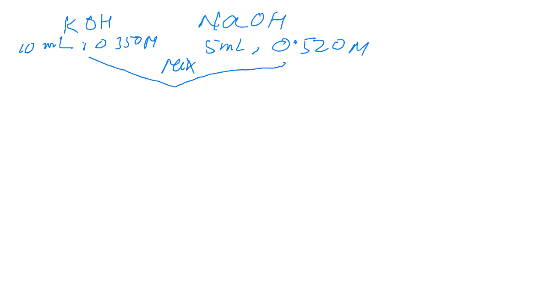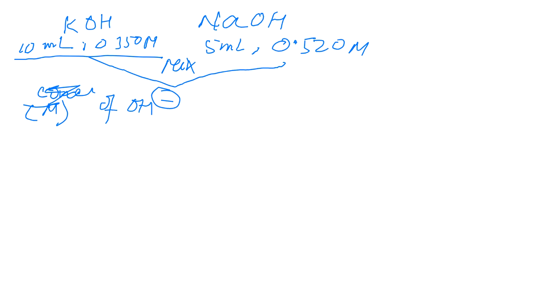If you mix both solutions, what will be the concentration or molarity of OH minus here? Not the concentration, sorry. How many moles? You know the formula: molarity is equal to moles per liter, and mole is equal to molarity times liter.